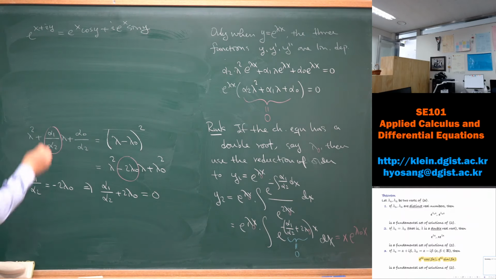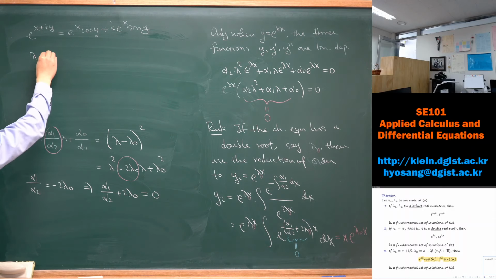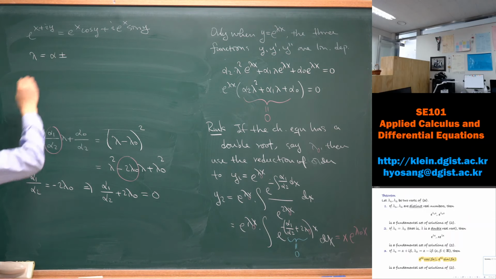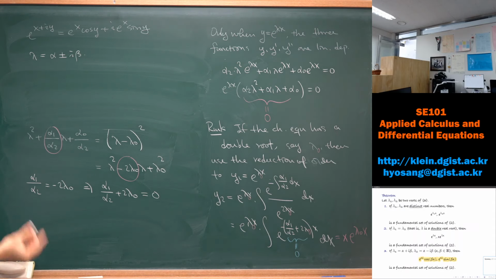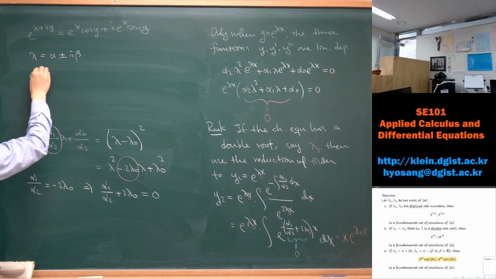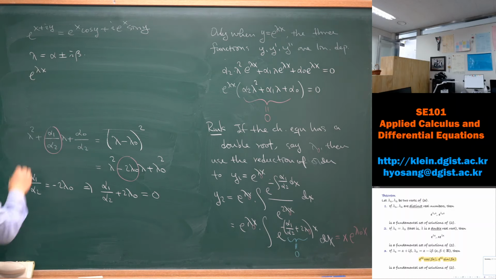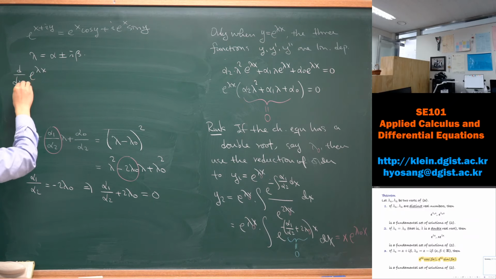So suppose that you have lambda equals alpha plus or minus i beta as your root. And now what happens to e to the lambda x when I take a derivative?